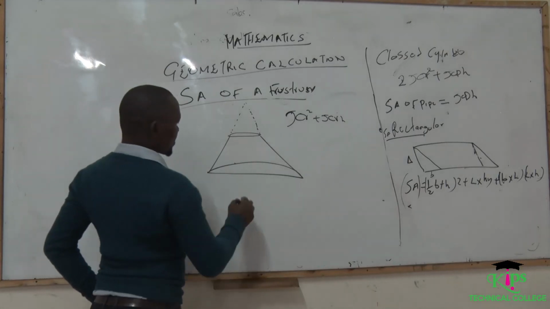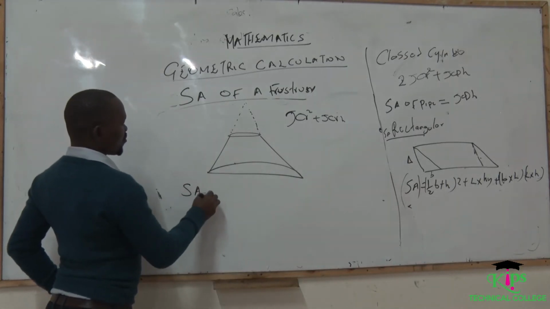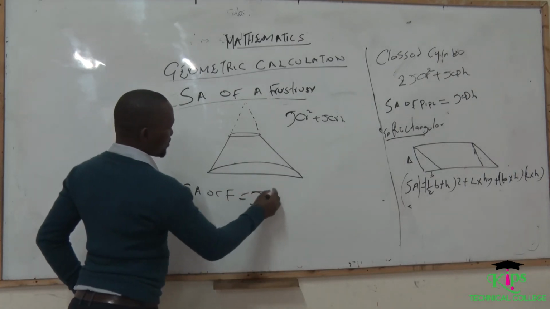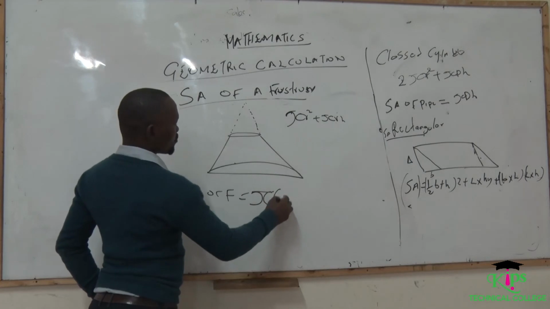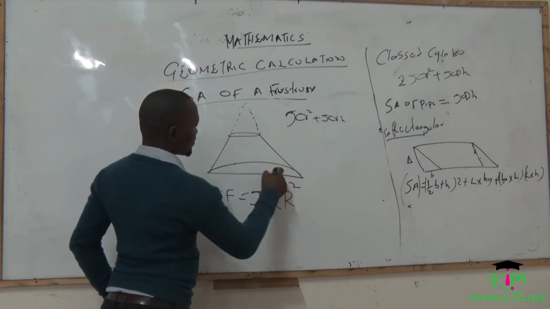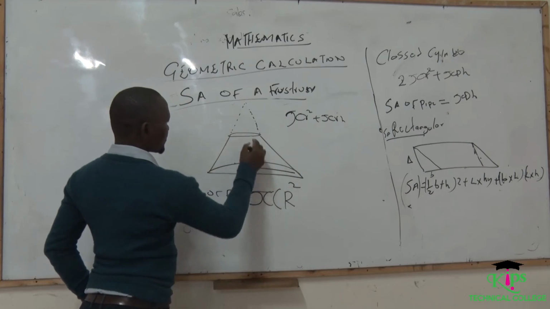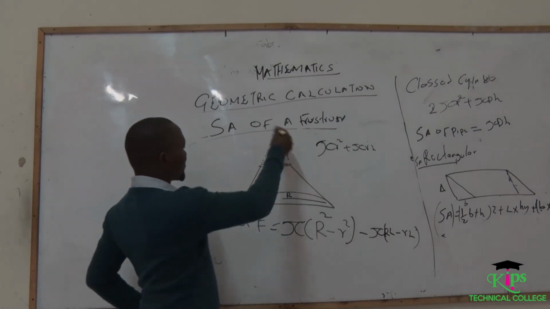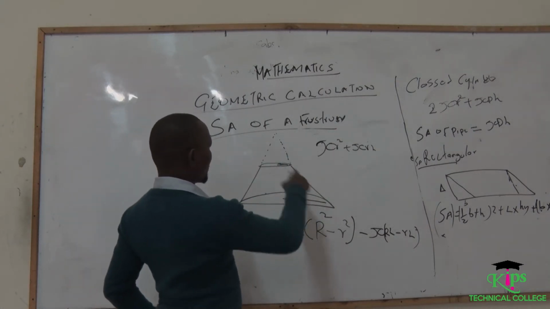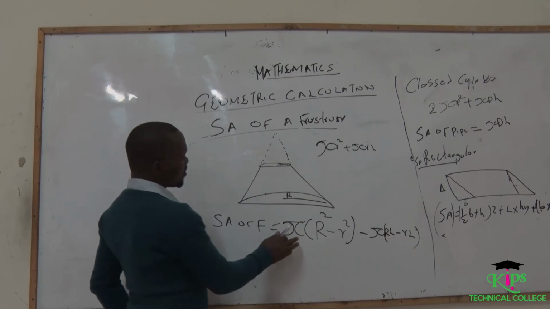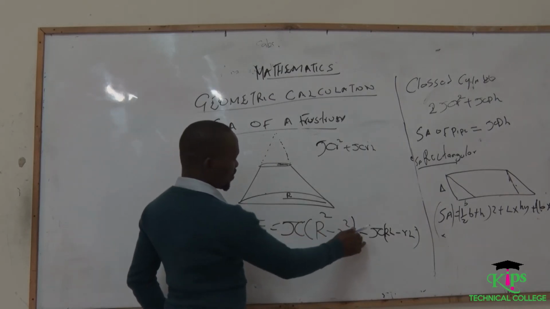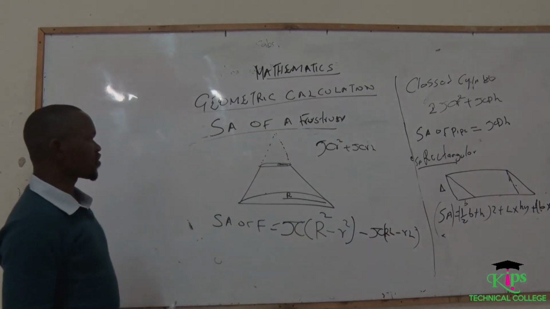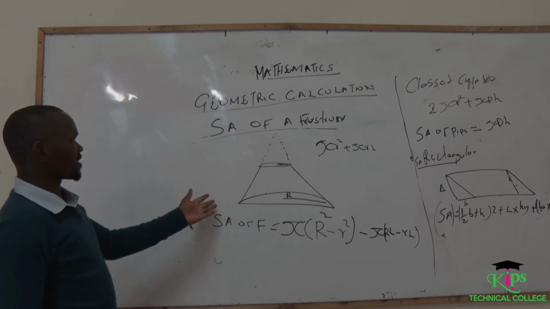So the surface area of a frustum is given as pi, with the bigger radius R. We can get the surface area of the bigger cone minus the surface area of the smaller cone, or you use the formula pi into (R squared minus r squared) minus pi into (RL minus rl). So that's how we can get the surface area of this.